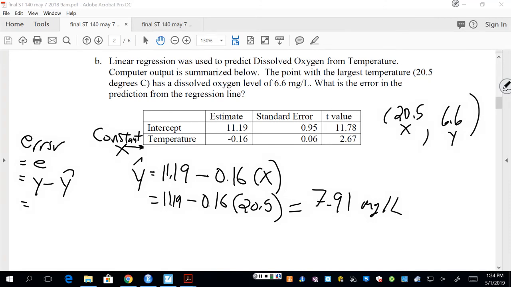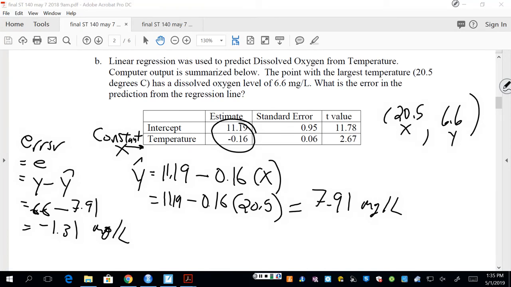So the Y value there is 6.6, and the predicted is 7.91, so taking those differences is negative 1.31, and that's also milligrams of oxygen per liter. But the intercept and slope came from here, and then putting together the regression line, and then plugging in a value for that.